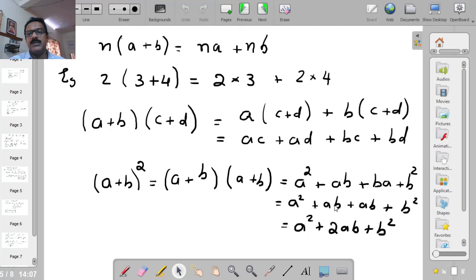Then we get a squared plus ab plus ba, and ab and ba are the same, so we write ba as ab. So the net result is a squared plus 2ab plus b squared. We have to study this formula: a plus b whole squared is equal to a squared plus 2ab plus b squared.